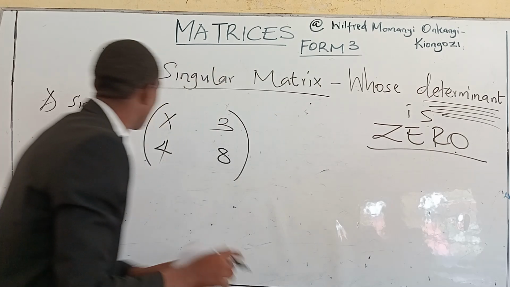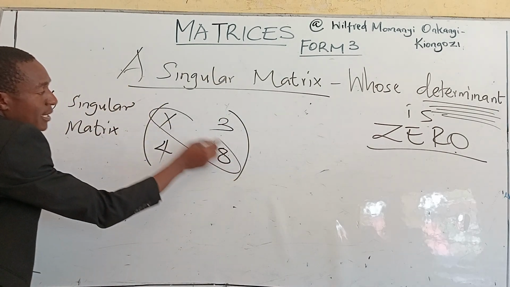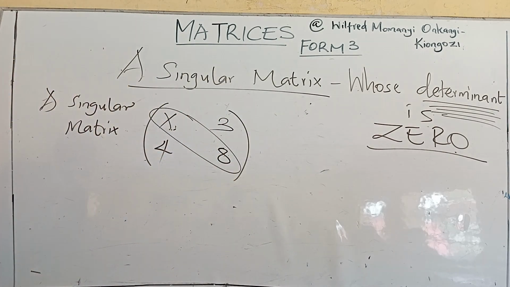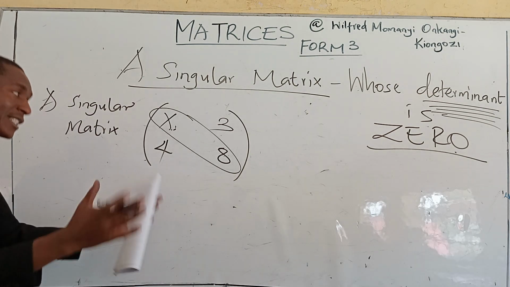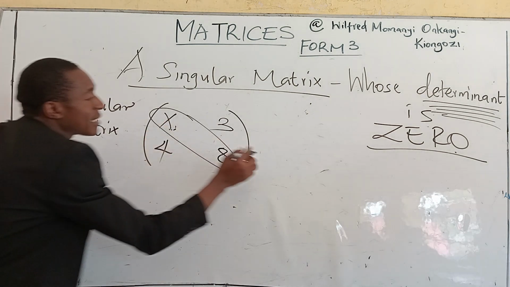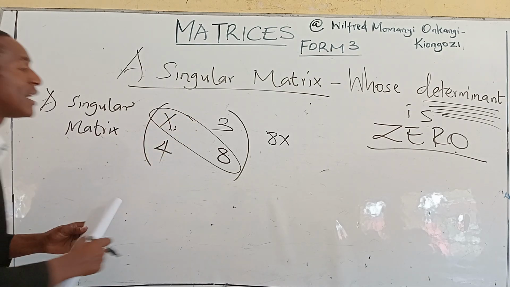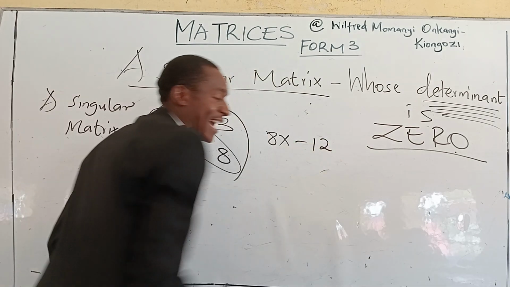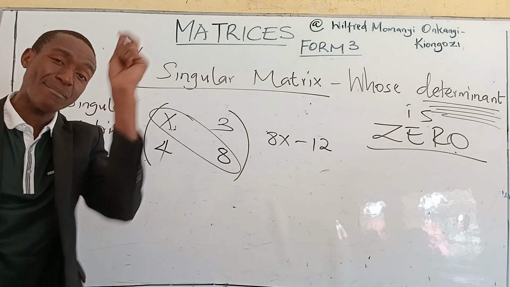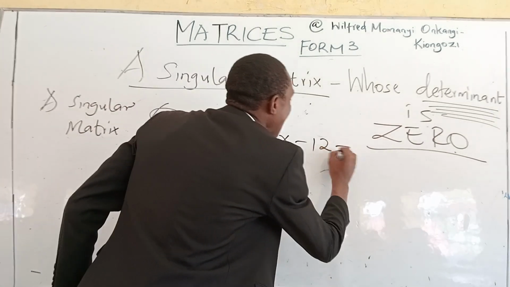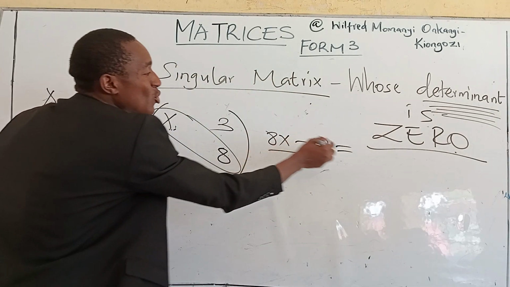Let us try. Main diagonal elements. This is x. This is unknown. By then you will be told to look for the unknown. So let us create an equation. So 8 times x is 8x. Minus 3 times 4 is 12. And because we are saying it is a singular matrix, we shall equate that operation of determinant to 0.